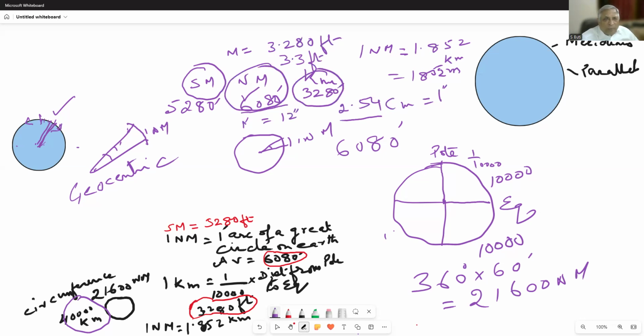I'll suggest you remember some of these things by heart, and that will save your time in your question paper. Otherwise, every time you'll be looking for a calculator to do this conversion. In maps and charts, there are many questions on scale. There are many times you will need this information with you.